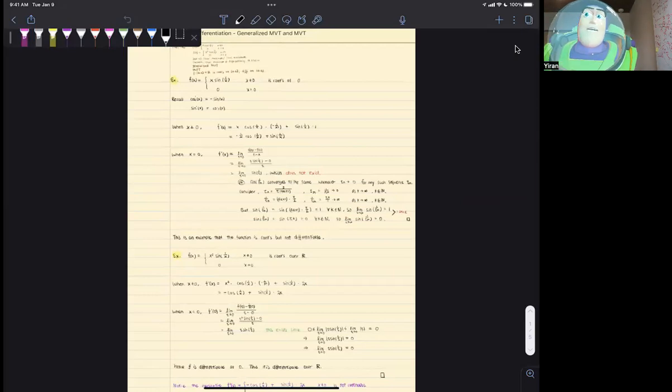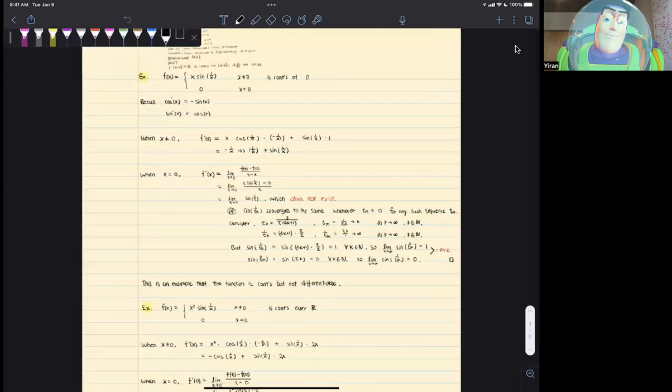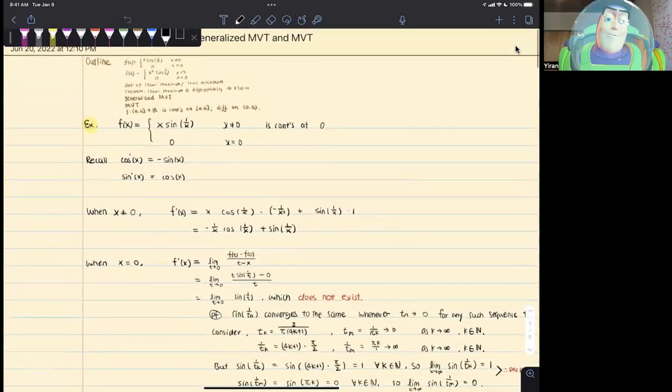The first condition is f is continuous on the closed interval [a, b], and the second condition is f is differentiable on the open interval (a, b). We gave some counterexamples to show that when a function does not satisfy those two conditions, the mean value theorem will fail.